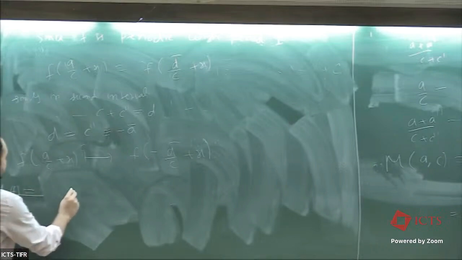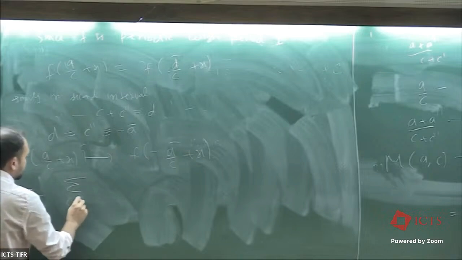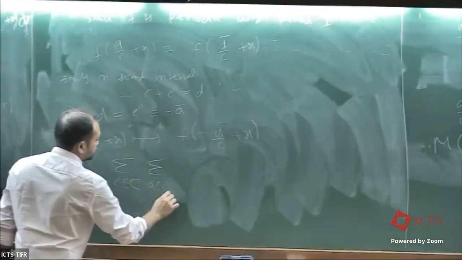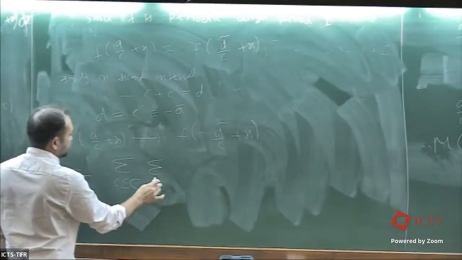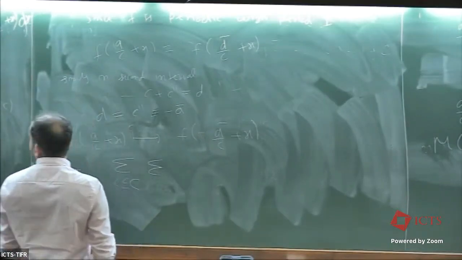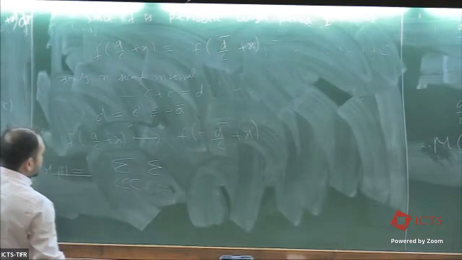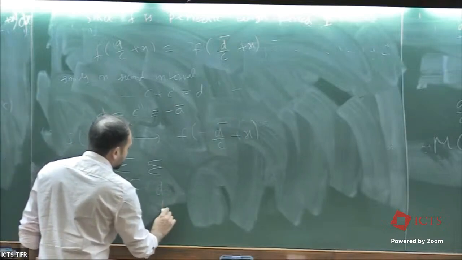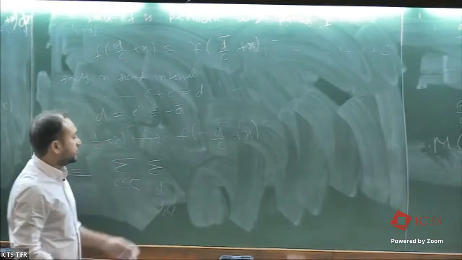So combining these two, you obtain mu of f as summation C going up to capital C, summation of A, I will change it later, now going up to D. Now this will be going up to D, but D is still co-prime with C. We will see what the range for D is.